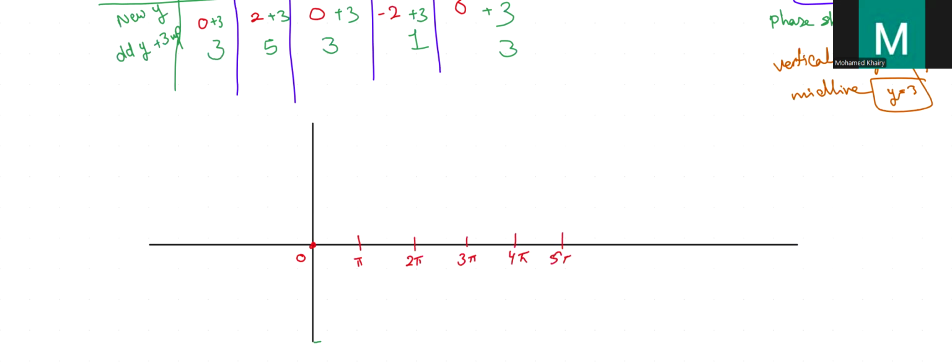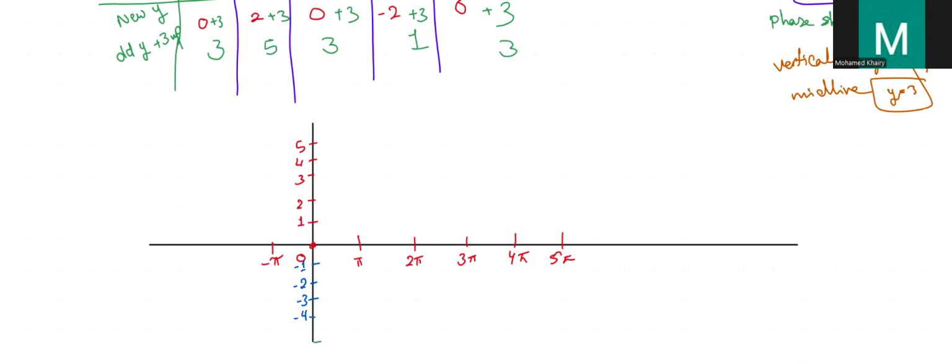3 pi, 4 pi, 5 pi and so on. To the left we have the same thing, negative pi. Here I have, let's say, this is 1, 2, 3, 4, and 5. Okay, my midline for the first one was 0. So I have here the same thing, negative 1, negative 2, negative 3, negative 4, and so on.